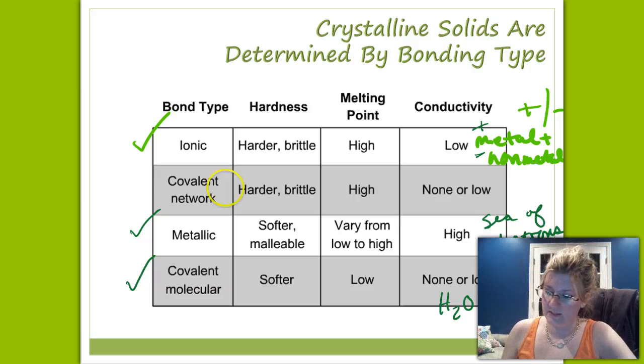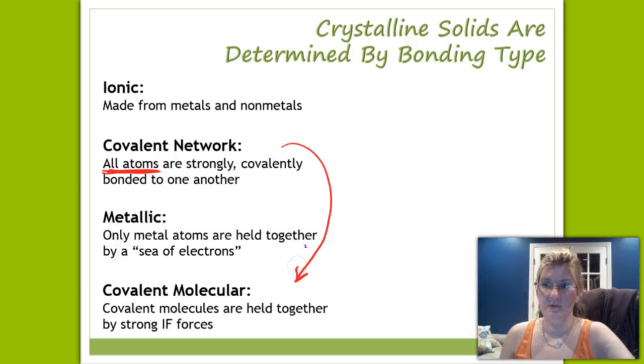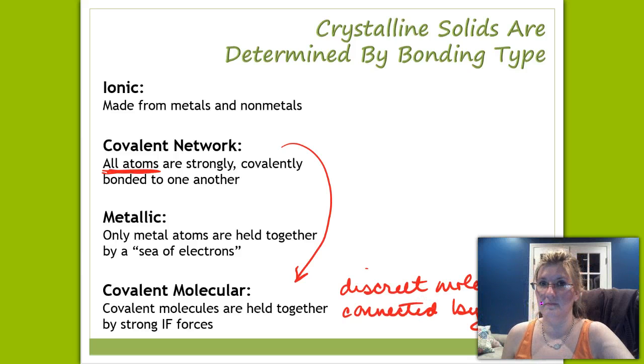The one we haven't really dealt much with and is unique to this particular lesson is the covalent network. In covalent network solids, atoms are strongly covalently bonded to one another, all atoms. Okay, so they're different from the covalent molecular type of solid, because those are discrete molecules connected by intermolecular forces.